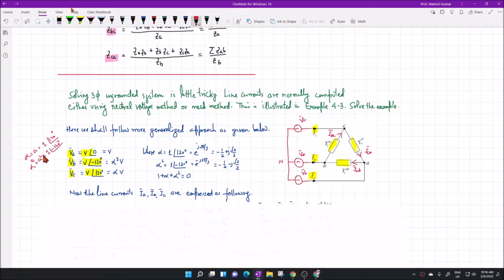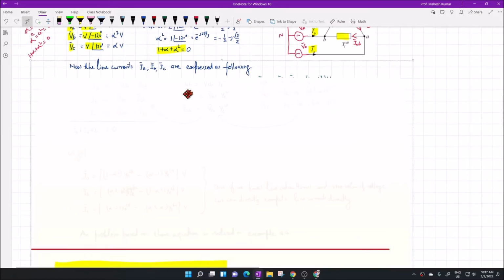Correct? And we know 1 plus alpha plus alpha square equal to 0. Alright, so with this notation of phase voltages, we can compute the line currents.